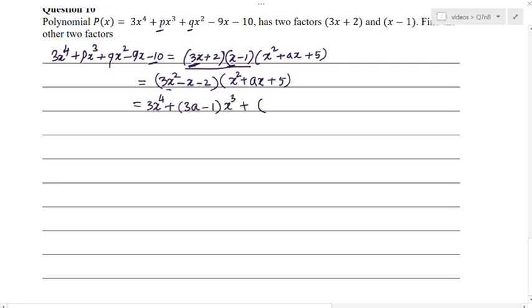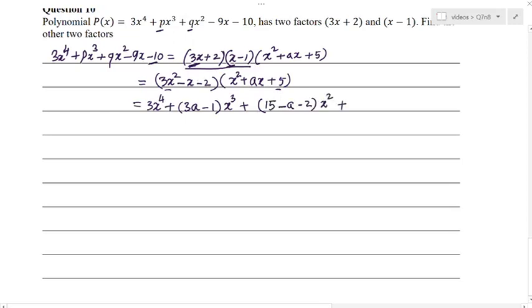Now for the x squared term, I'll get 3 of them. So first is, again, this first term and the last term here. That gives me 3 times 5, which is 15. Then minus a minus 2. And that is my x squared term.